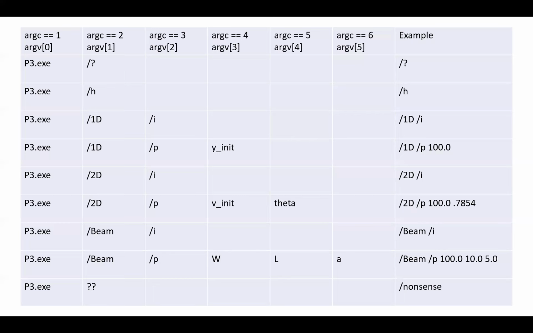The idea then is it would make some call in our program that would print to the user some instructions to enter, in the case of the 1D example, the initial height. In the /P option, the user would need to provide an additional argument for a total of 4 arguments, in which case they would have /1D, /P, and then 100.